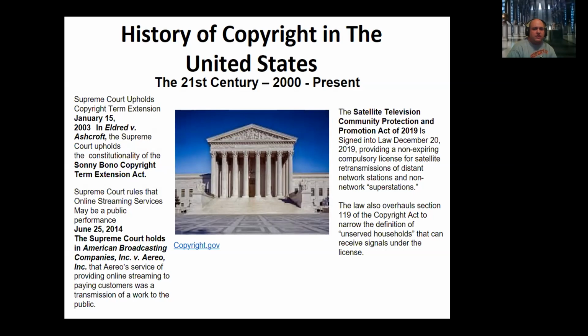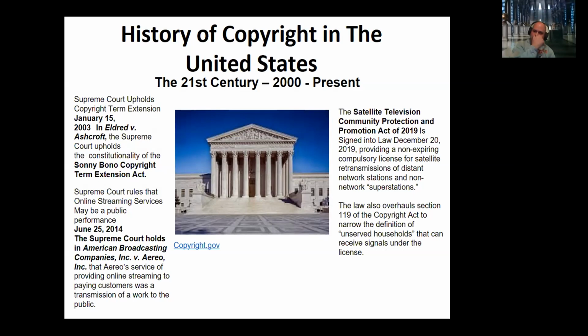Also, in 2014, this is when we saw the Supreme Court uphold American Broadcasting Companies versus Aereo. And this is dealing with online streaming and paying customers, where the work was a transmission of the work to the public.